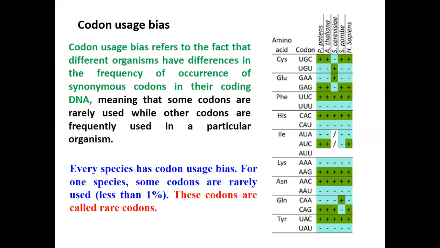As a result, some transfer RNAs exist in very low quantities. Transfer RNAs mean that each amino acid codon is transported by the transfer RNA to the ribosomes.